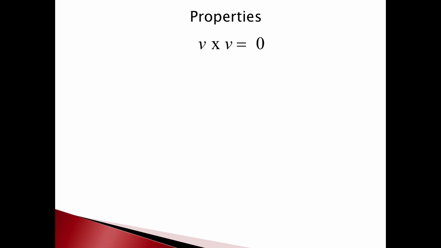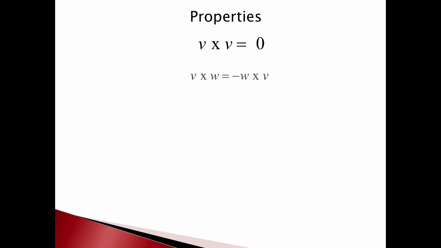That's what I meant earlier when I said there's not a way to take two vectors in 3 dimensions, multiply them together, get a vector back, and have the multiplication do the kind of algebra that we're used to. I mean, this is a way to multiply 2 vectors and get a vector, but the algebra looks weird when you write it down like this, right? V cross V, wow, you get 0.